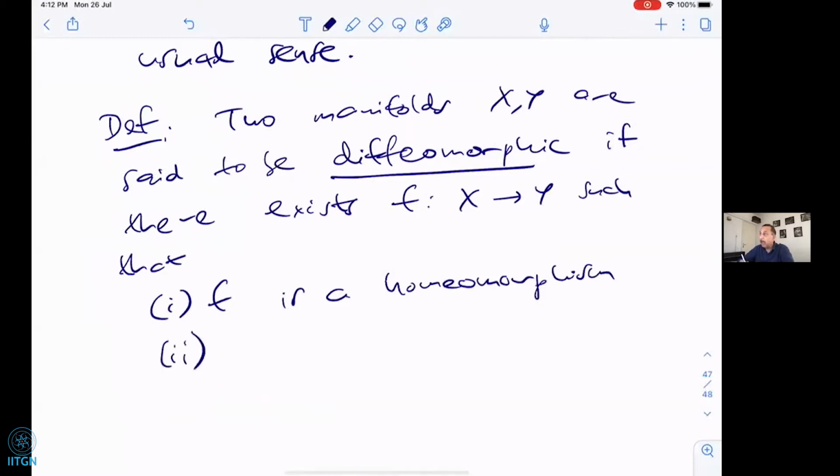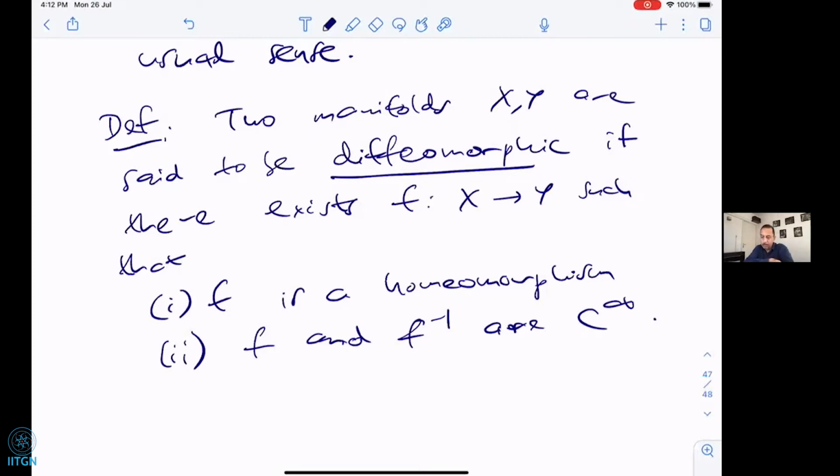Secondly, f and f inverse are C infinity, which means infinitely often differentiable. And here I use this definition of differentiability, namely that these functions f from x to y are differentiable if the phi inverse f psi, that function from Rn to Rm, is differentiable.